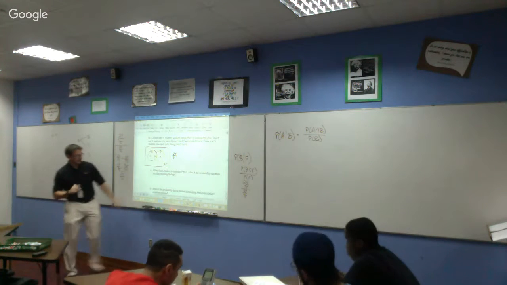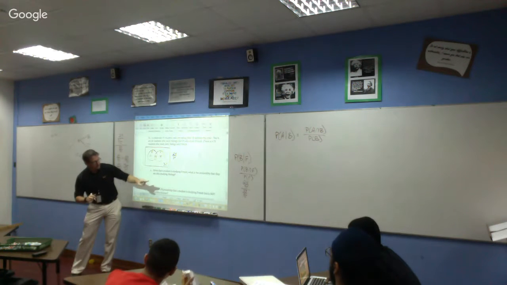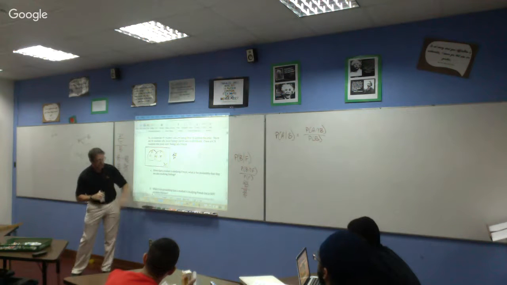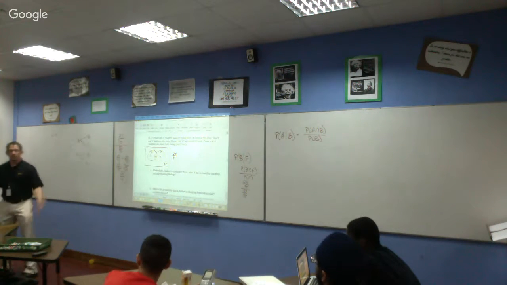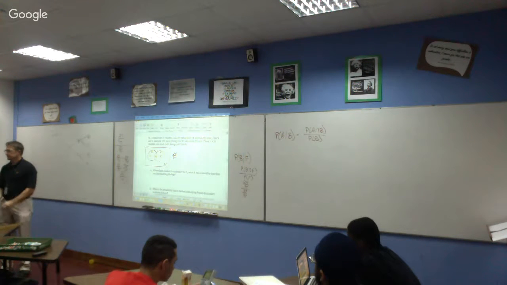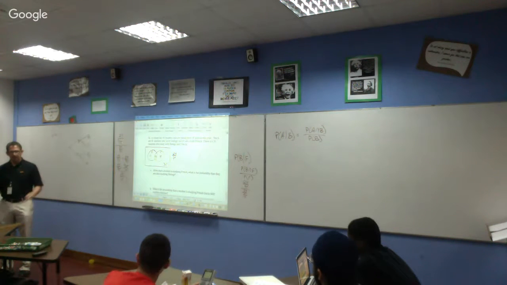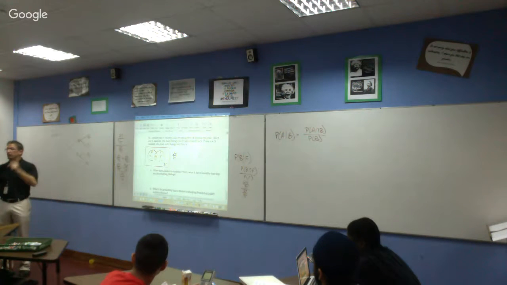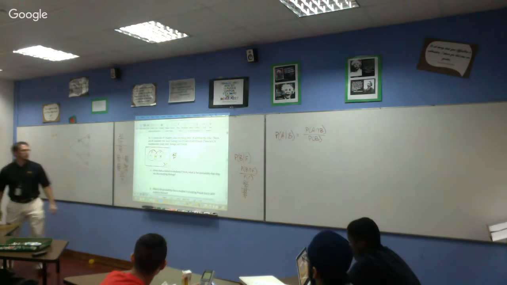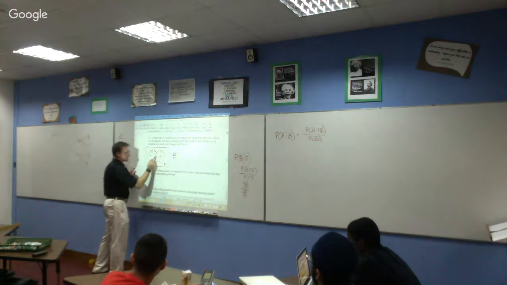Okay, so let's take a look at this one. What is the probability a student studies French given they are not studying bio? Hold on, not numbers. What's the given? Not studying bio. How many people are not studying bio? Everybody outside of this circle.